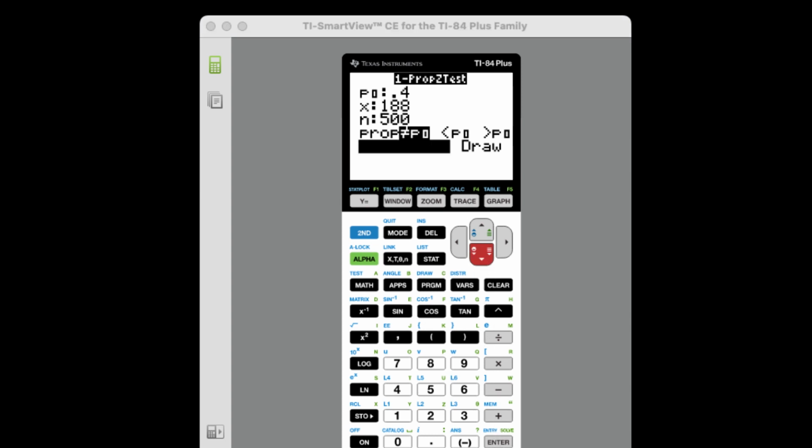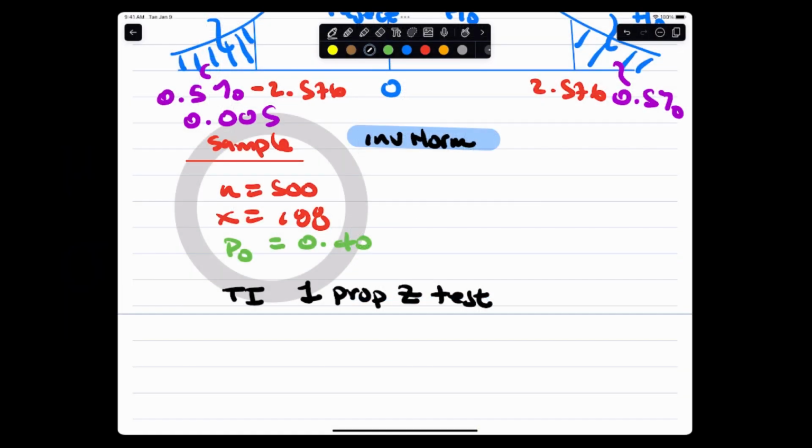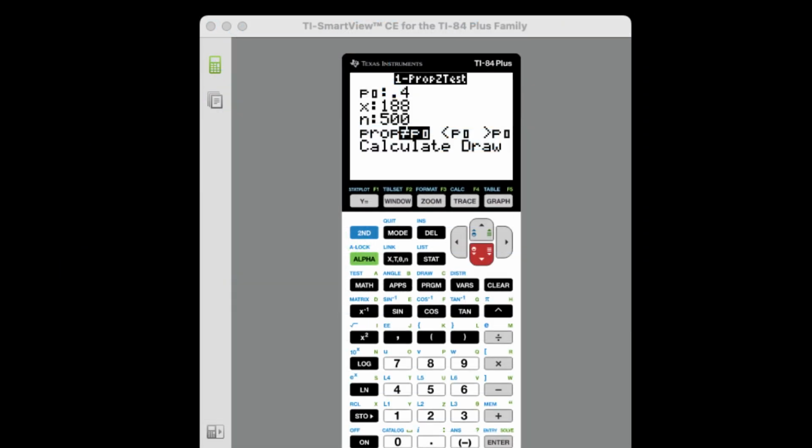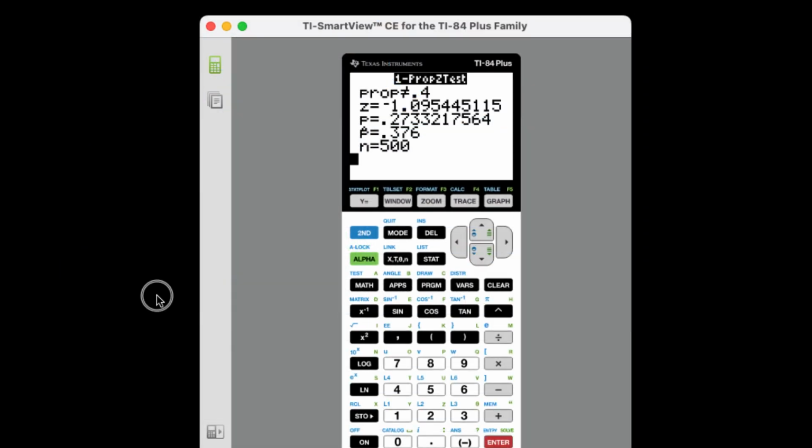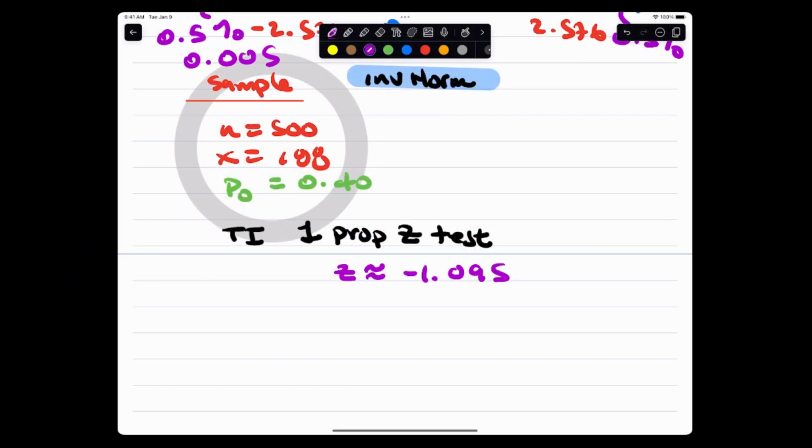Does it look like everything we need is here? If we hit calculate, what do you get? What's your test statistic going to be? That Z value is going to be negative 1.095. You're right. Good job. You guys are on top of it.